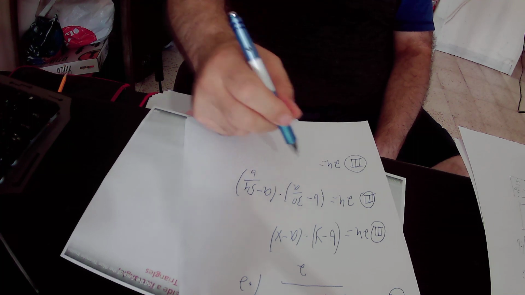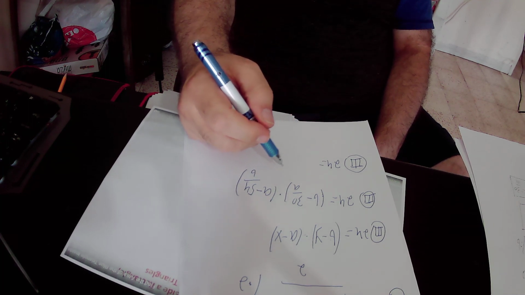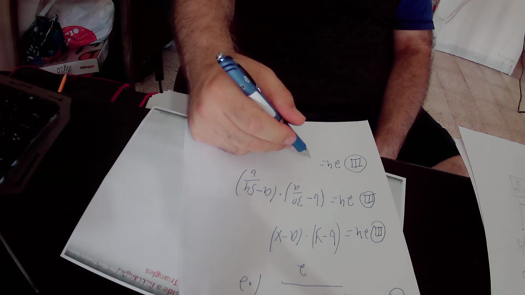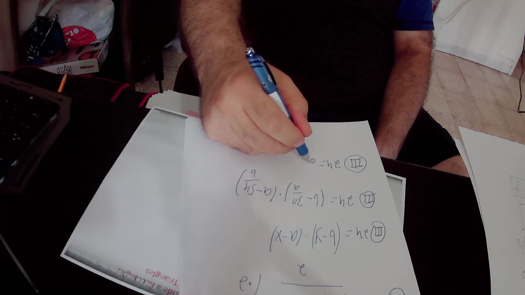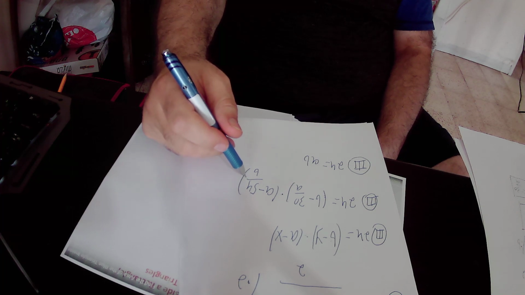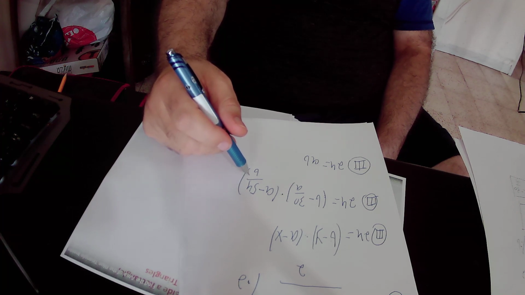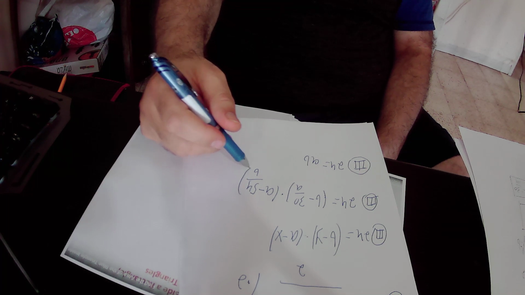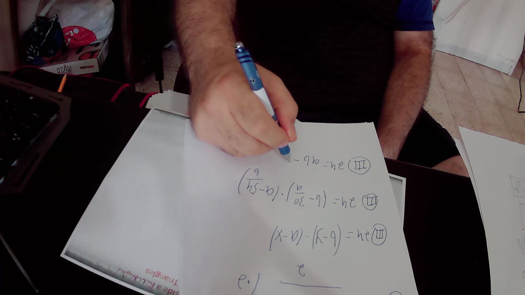24 equals b times a is ba, or ab, it is the same. b times minus 54 over b will be minus 54.